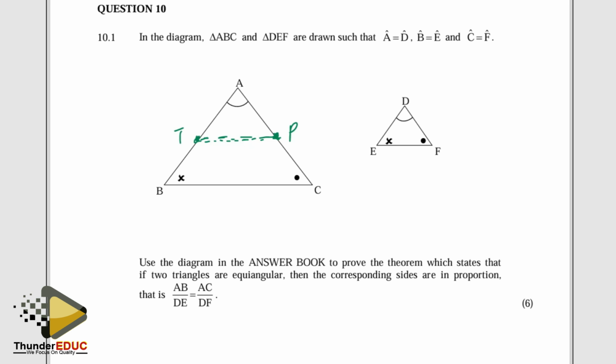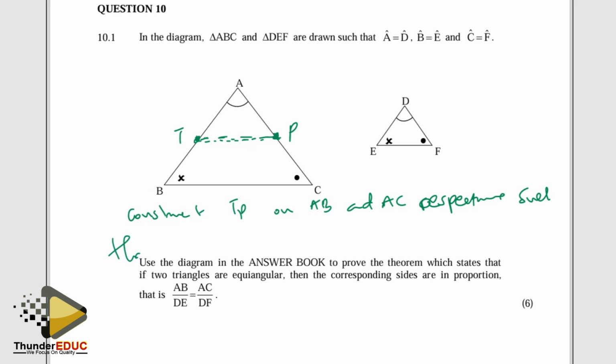Then what we're going to do is, in as much as this is a midpoint, also ensure you write a statement telling us to construct TP on AB and AC respectively, such that AT is the same as DE, and AP is the same as DF.